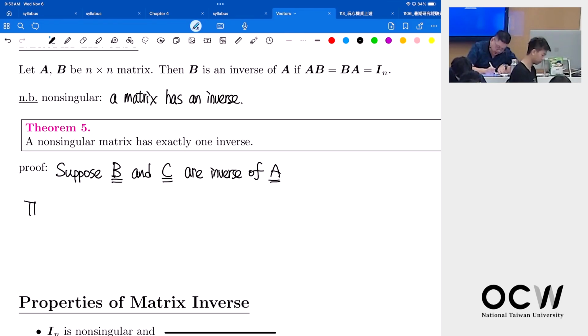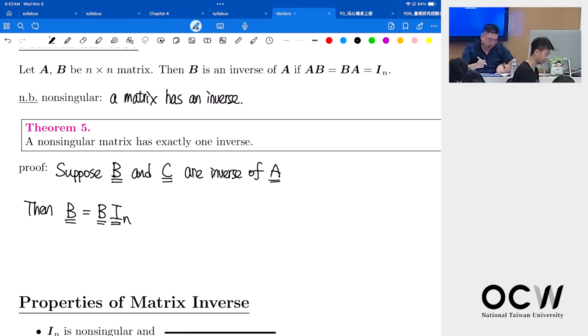Then what does that mean, inverse? We can think about the B matrix as B times the identity matrix n by n. What is the identity matrix?